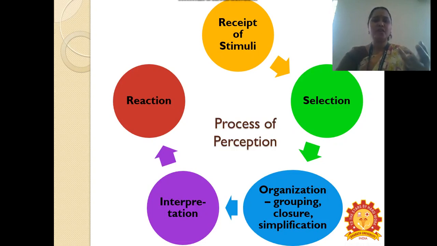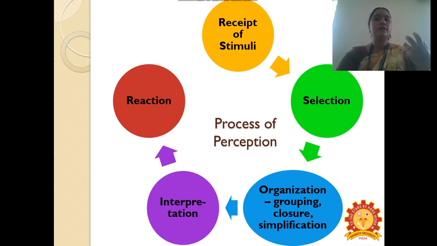We saw that there are different forms in which stimuli can occur. So we have to select one specific form in which we receive the stimuli. This selection is a fundamental step in the process of perception, and it involves choosing stimuli that are relevant to the individual.